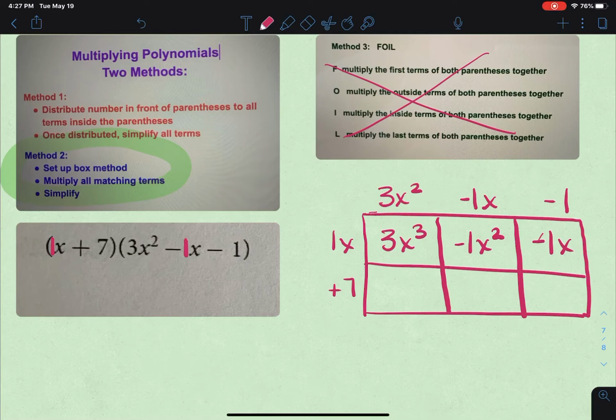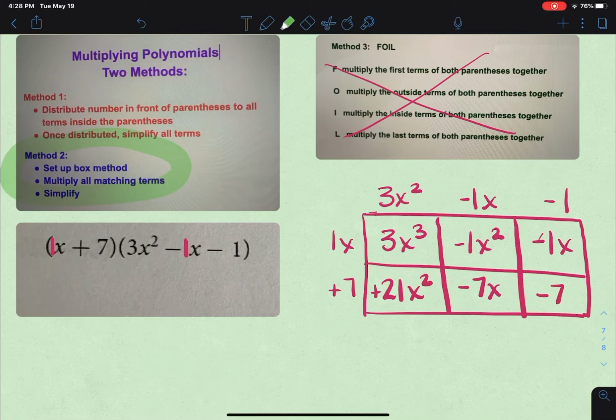Okay, now I'm going to go to the second term. So positive 7 times 3x squared is positive 21x squared. Negative 1x times positive 7 is negative 7x. Negative 1 times positive 7 is negative 7.